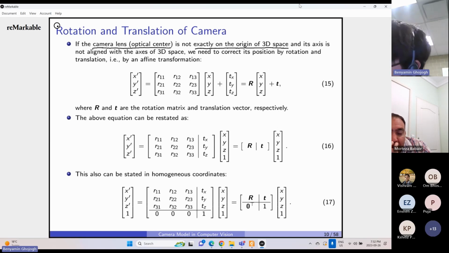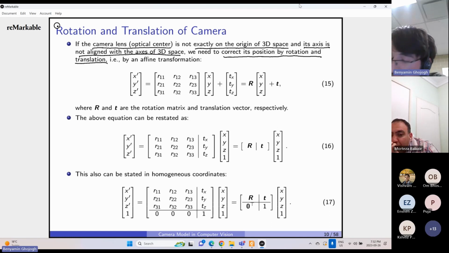And also its axes might not be aligned with the axes of the 3D space. So it might have both rotation and translation, right? If it is not on the origin, it has translation. If its axes are not aligned with the axes of the 3D space, then it also has rotation. So we need to correct its position by rotation and translation. Usually in image processing and computer vision, when we have both rotation and translation, we usually call it an affine transformation. Okay.